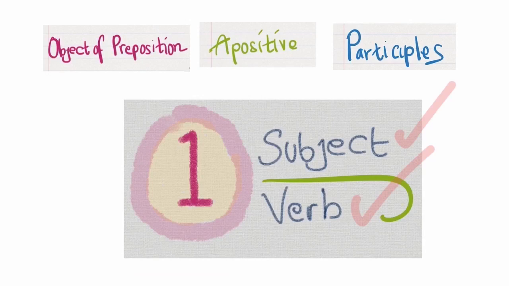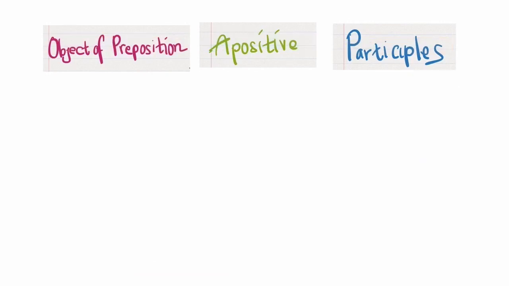An object of the preposition or an appositive can be mistaken for a subject, while a participle can be mistaken for a verb. Therefore, you should be able to do the following in sentences with one subject and verb.